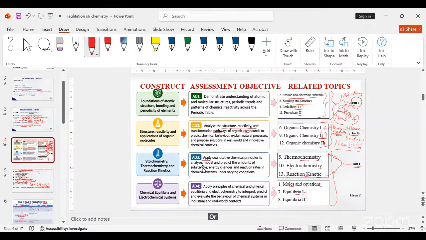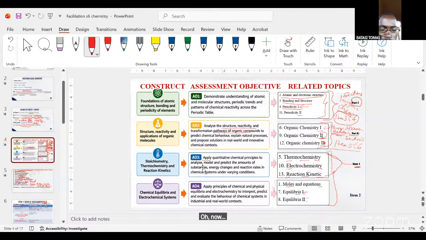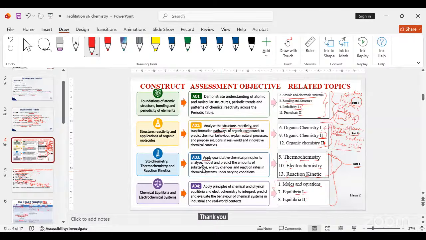I think that one is very clear. So this one was worked upon: instead of having electrochemistry in assessment objective 4, it was shifted to assessment objective number 3. Are we there?